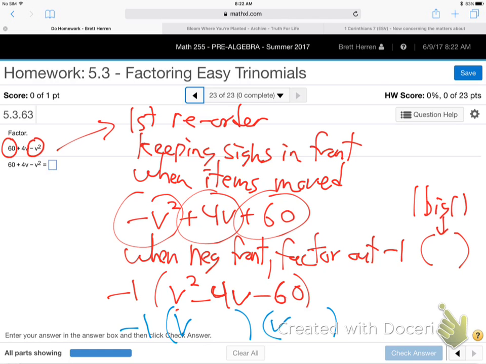So what multiplies to be 60 and adds to be 4? Oh, 6 and 10. The sign in the middle goes to the bigger, and the other one's whatever works. So minus 10 and plus 6 makes minus 4, and we got it.